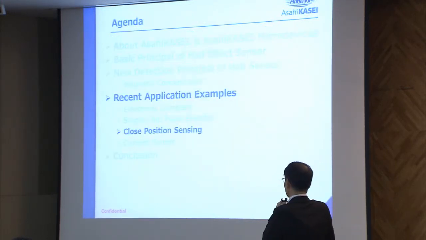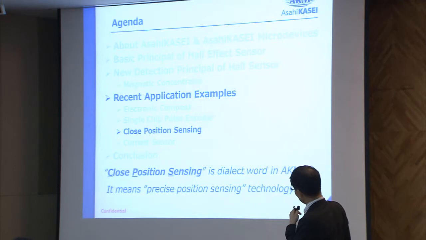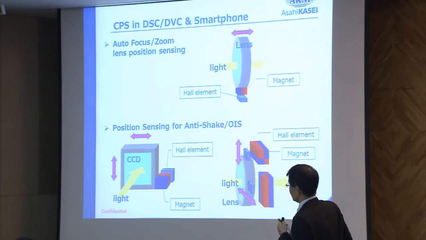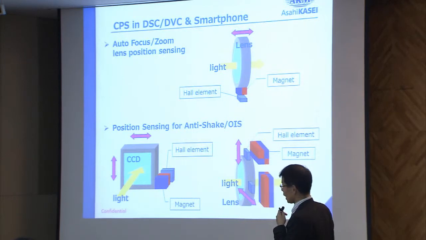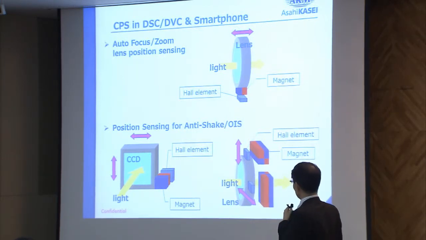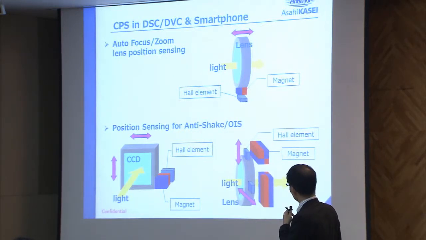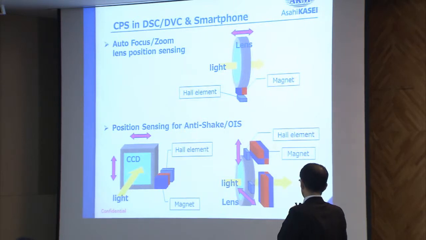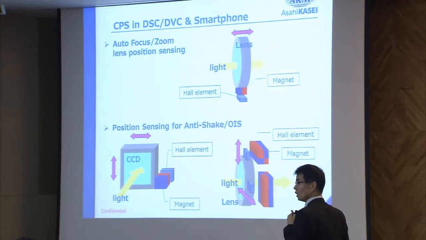So let's move on to CPS, cross-position sensing. It means precise position sensing technology. Now CPS is getting popular among camera applications, and there are two main usages, which are autofocus and OIS, the optical image stabilizer. And the Hall element is used to detect the position of the lens and CCD.